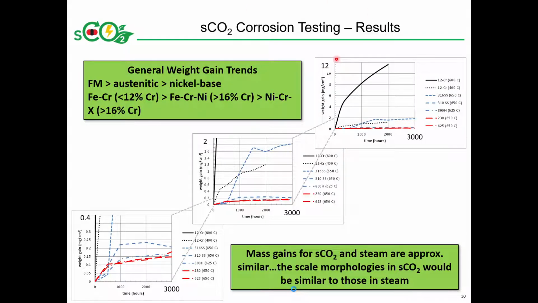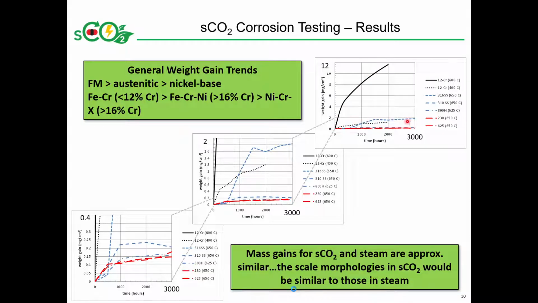Just to go over the plots very quickly, we have the normalized weight gain, so milligrams per area. We have time from 0 to 3,000 hours, and these plots show the weight gain for various different alloys. On this scale, you'll notice it goes from 0 to 12. So we can see the 12 chrome at high temperatures.